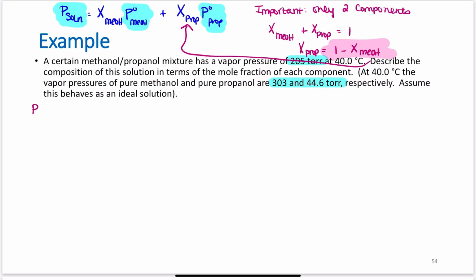So I've got P of solution equals mole fraction of methanol times vapor pressure of methanol, plus mole fraction of propanol times vapor pressure of propanol, both at 40 degrees C. Let's plug in what we know so far. We know the pressure of the solution is 205 torr.